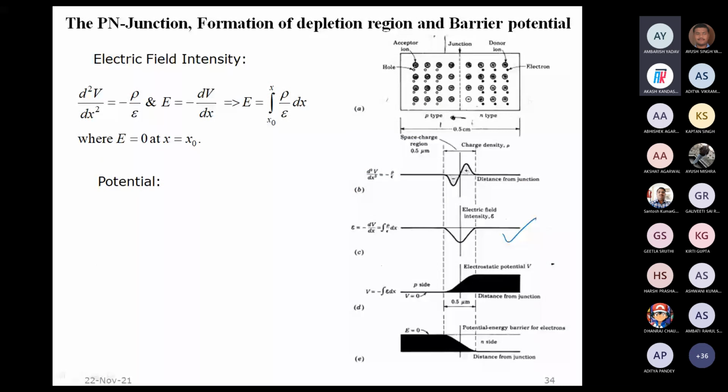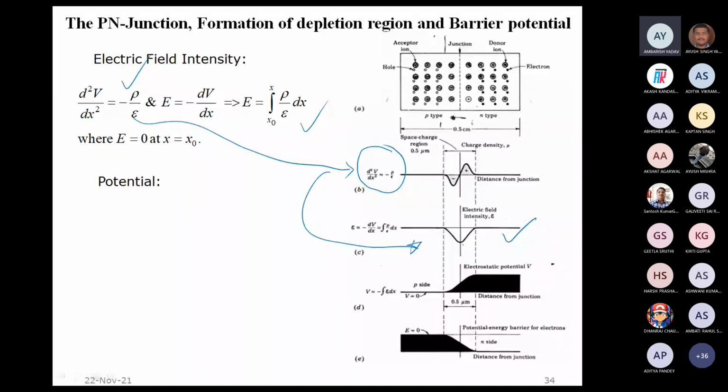Already we can take the help of Poisson's equation here and solve that. This is the Poisson equation. We can solve this to find out the electric field, and the electric field is plotted here.